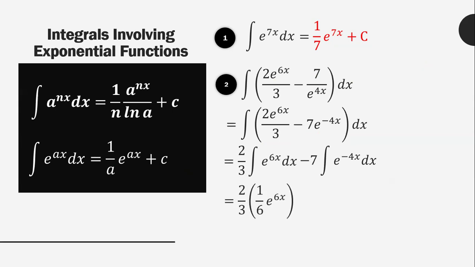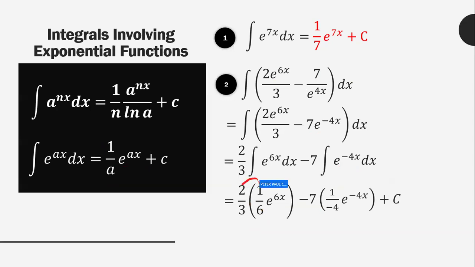Next, we have 2/3 times, so we apply now 1 over a. That's 1 over 6 for this part. Then we copy e raised to ax, so that is e raised to 6x. Minus 7 times our 1 over a, which is 1 over negative 4. Then we copy again our e raised to ax, which is e raised to negative 4x.